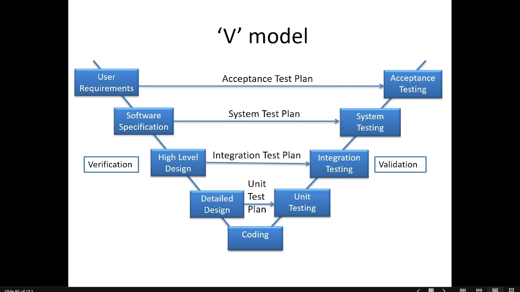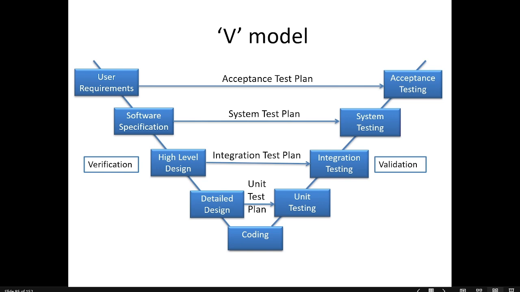This summarizes into this V model. Now this is again in front of you. It started with user requirement, software specification, high level design, detailed design, coding, and from coding, unit, integration, system and UAT, which is on the right hand side, that is validation, and the left hand side is verification.